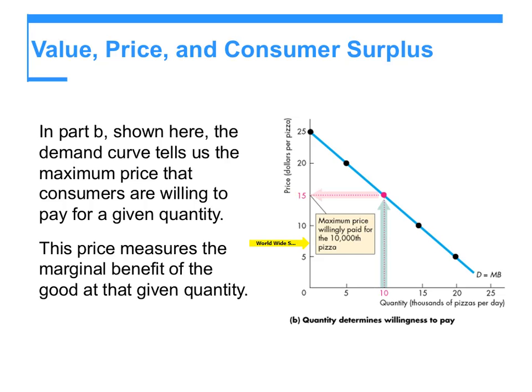The price measures the marginal benefit of the good at that given quantity. So basically, price is equivalent to marginal benefit. When we say we are willing to pay $15 for the 10,000th pizza, it means our marginal benefit of the pizza at the 10,000 quantity is 15.